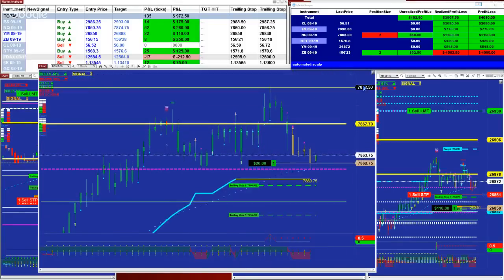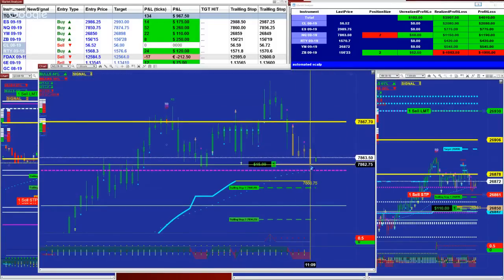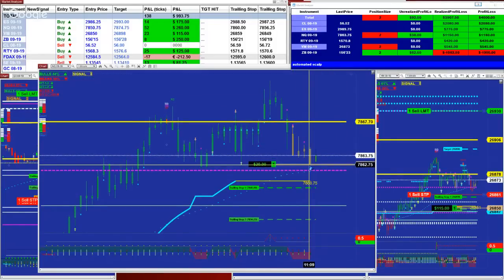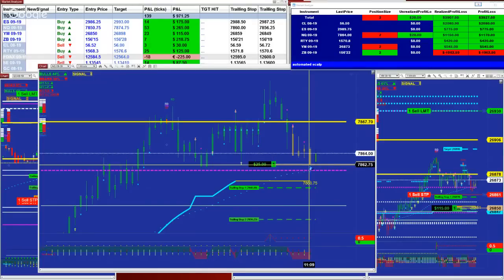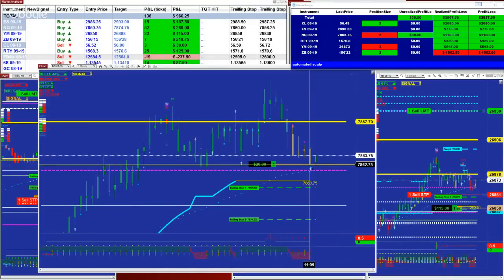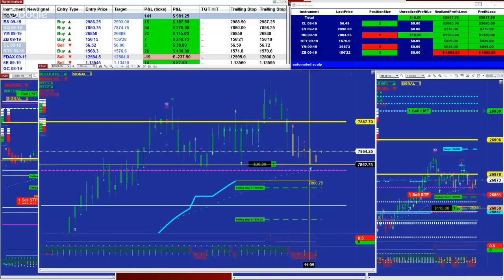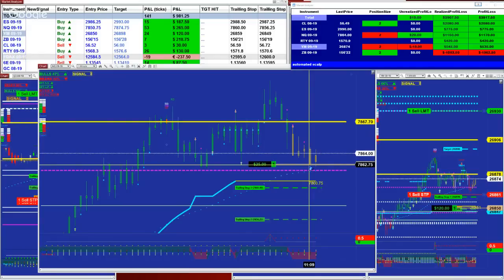While they are taking a short, I'm sitting here waiting on them. And there we go. How many times have we done that maneuver? How many times? This is power, folks. This is real trading.